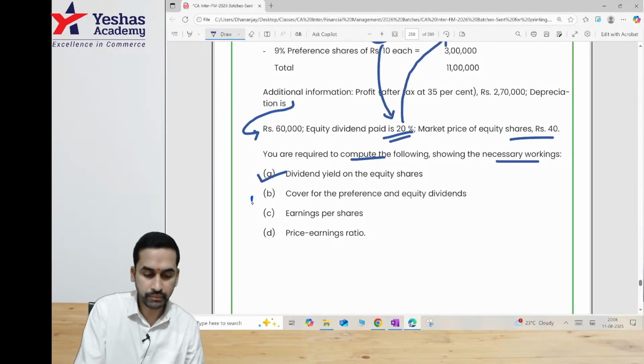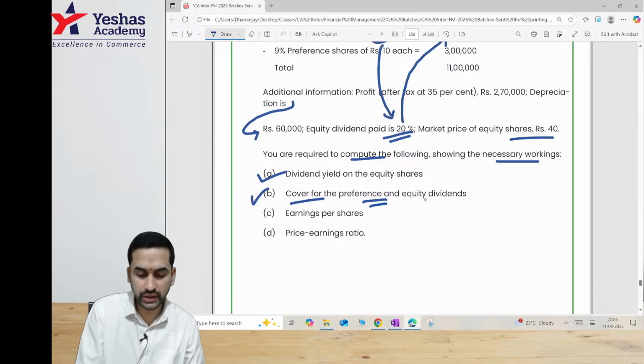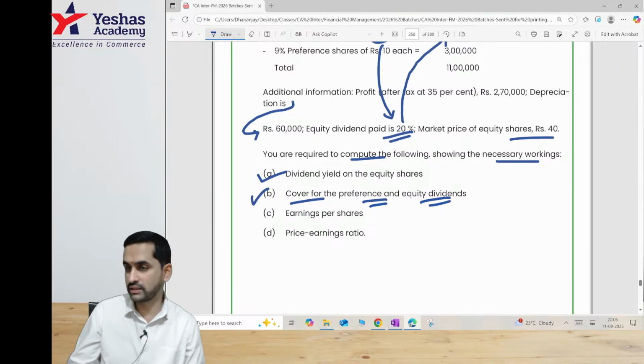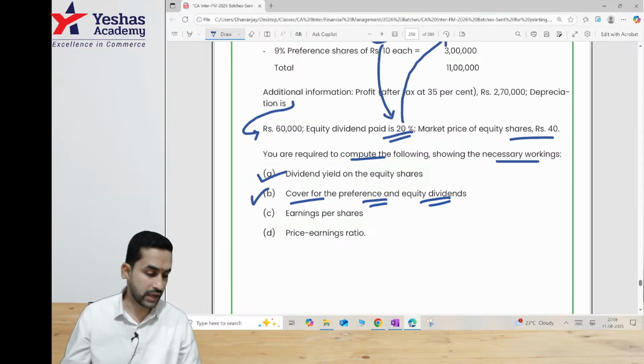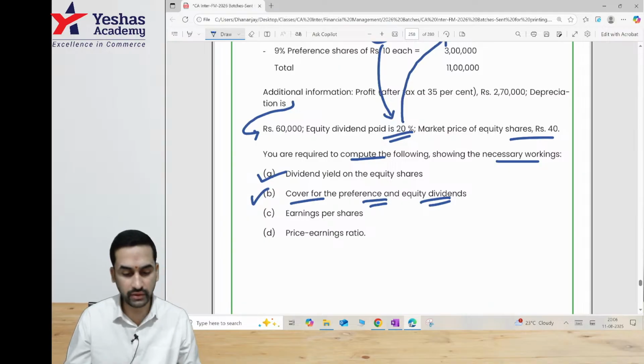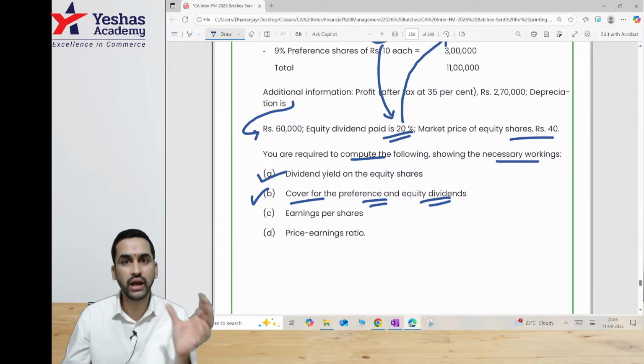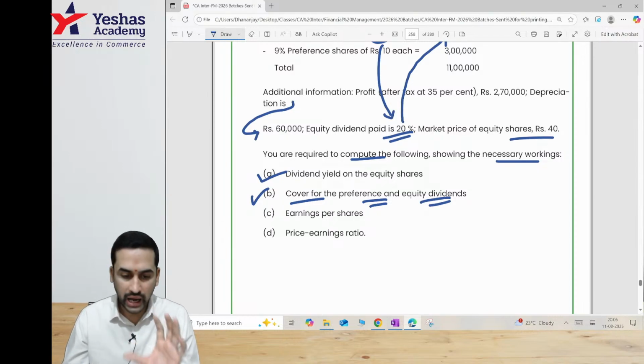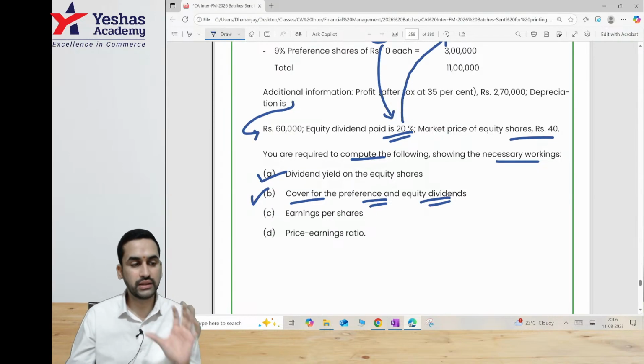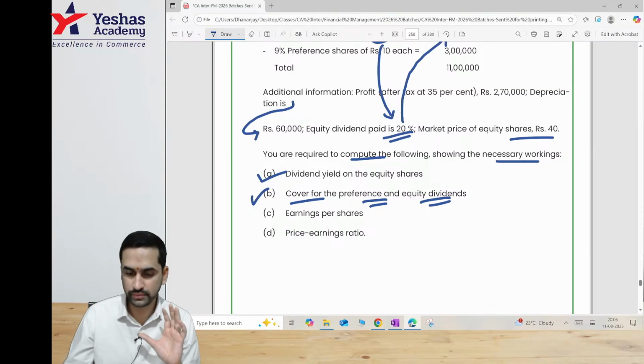Yes, sir. Second one, coverage for preference and equity dividend. In the morning we discussed any coverage. When you calculate preference and equity dividend coverage, they're saying whether these people are going to get their money or not.